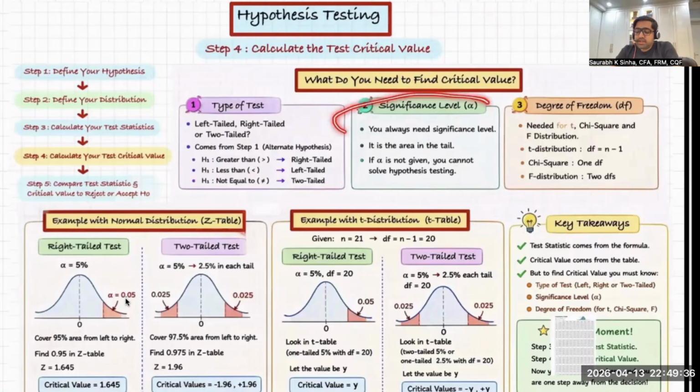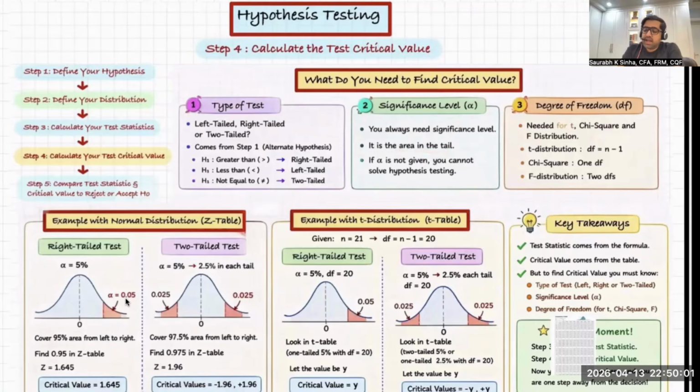Second, you always need the significance level. If the significance level is not given, you cannot solve any hypothesis testing question, so it needs to be provided in the examination. Significance level simply means area in the tail.